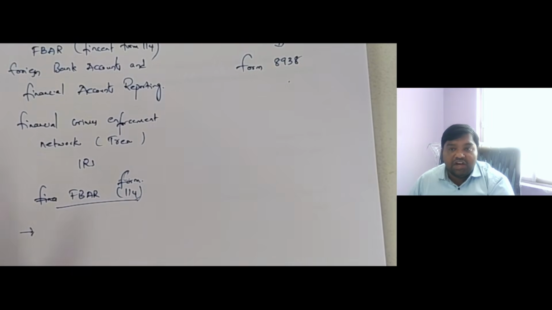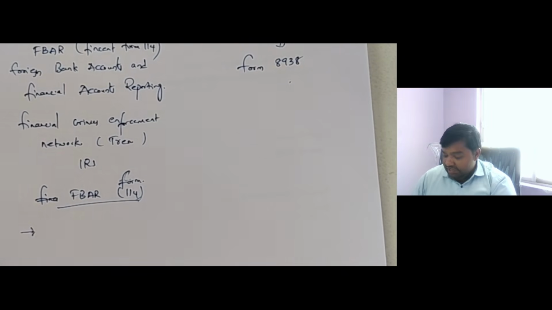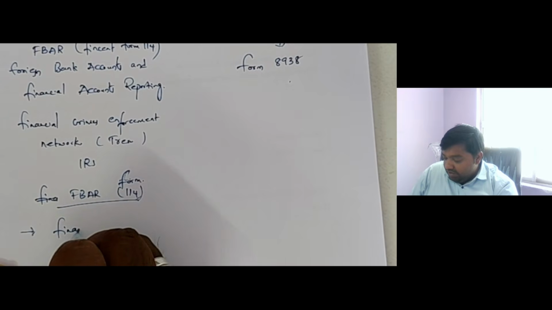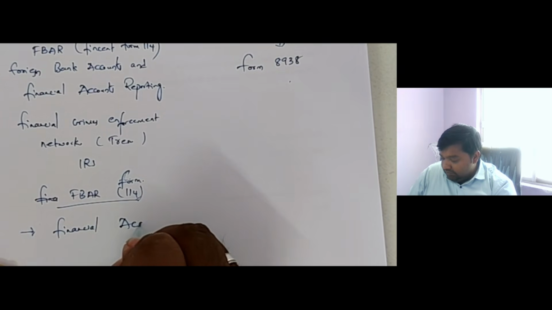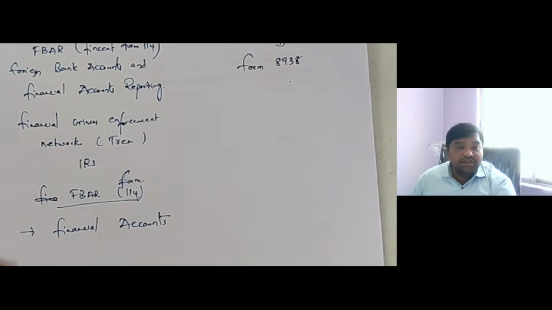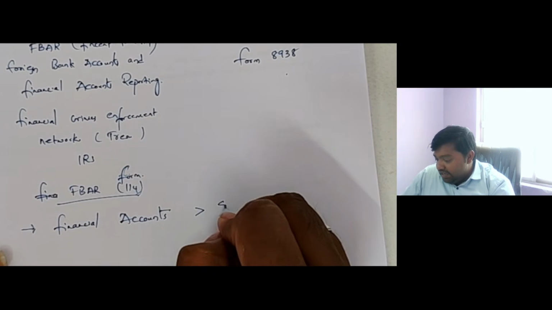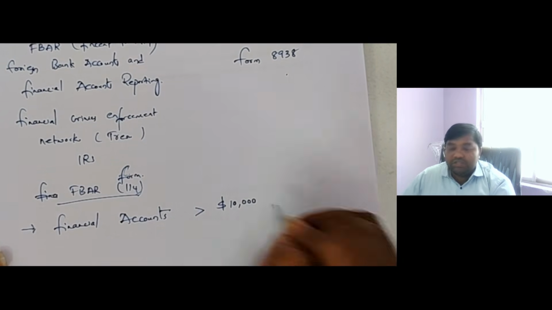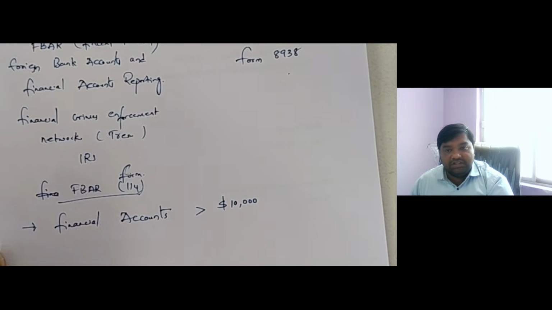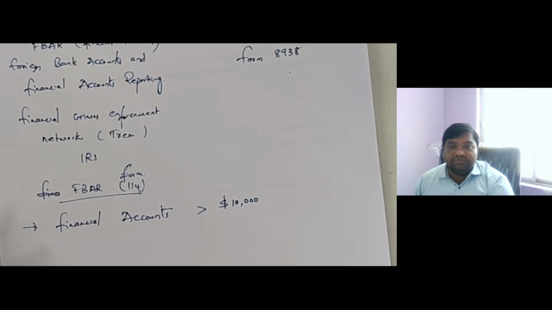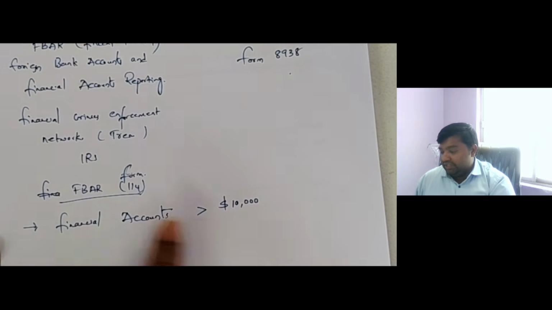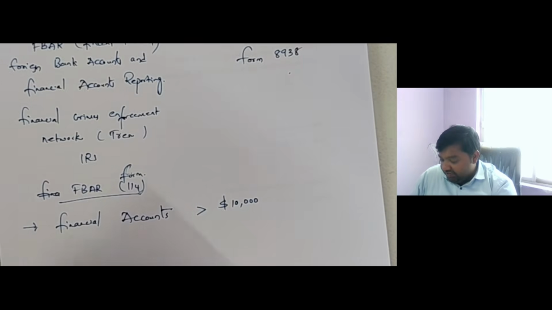Any US citizen or US legal resident having financial accounts outside US with amount greater than 10,000 US dollars at any point in the tax year. For these persons, they have to compulsorily file FBAR FinCEN form 114. This is the limit.